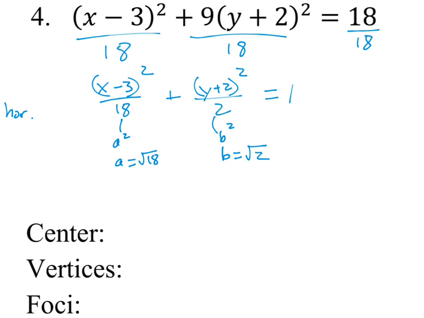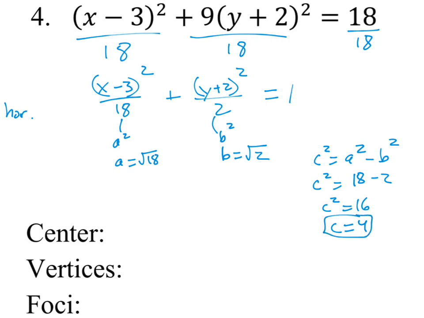And we're going to need our c value. Remember, c squared is a squared minus b squared. C squared is going to equal 18 minus 2, which means c squared is 16, which means c is 4. A nice number.